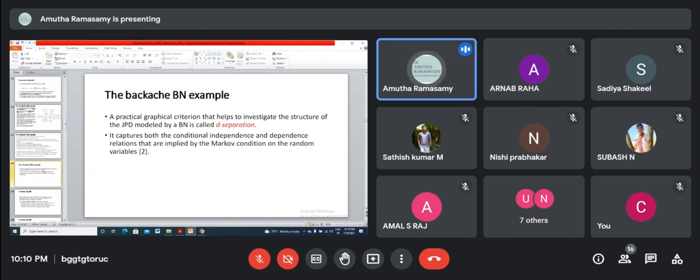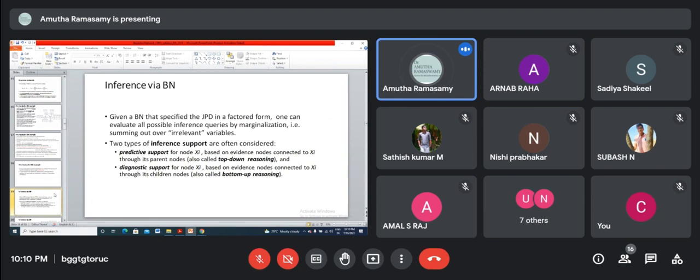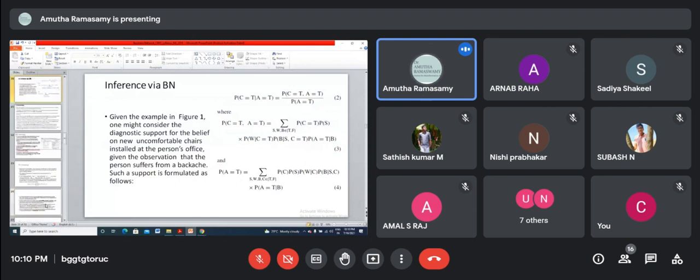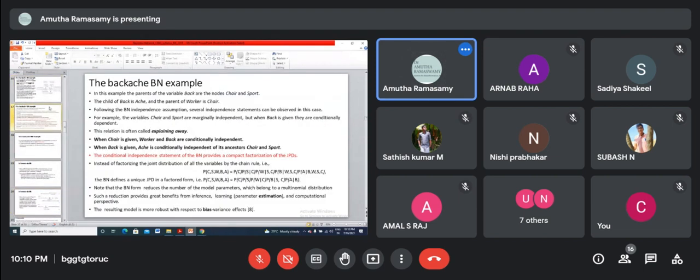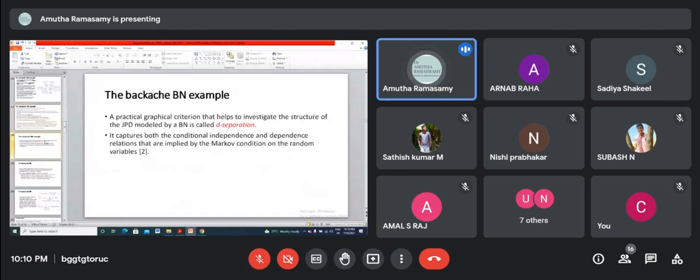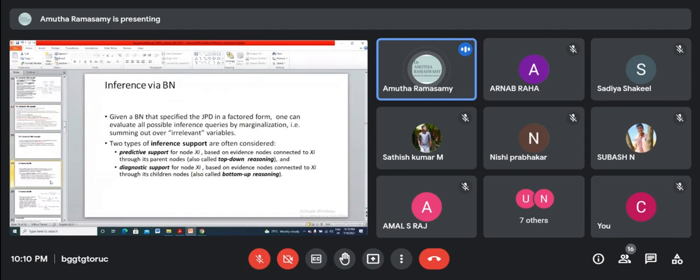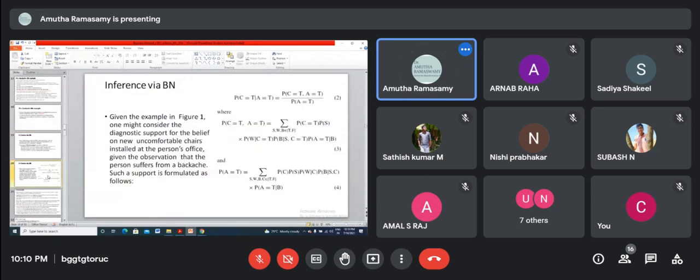So now the back, separation, predictive inference, and one of two classes. Okay, so now I think the separation is not needed. Inference.